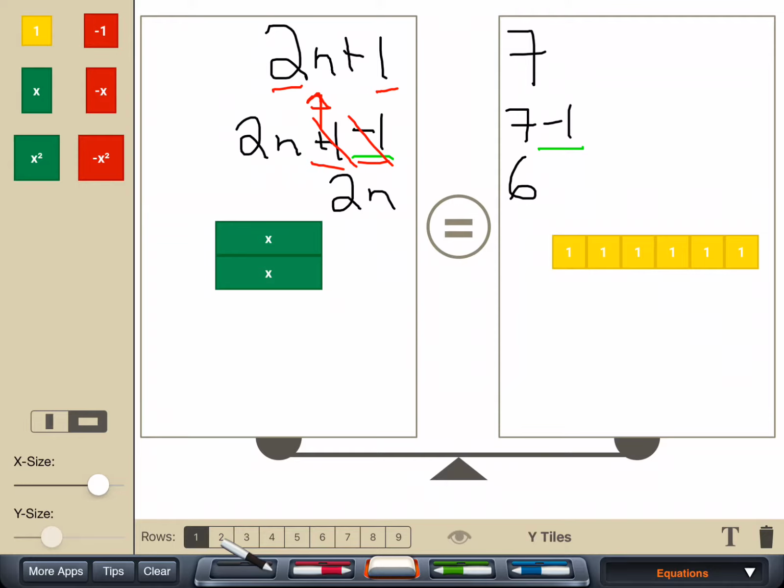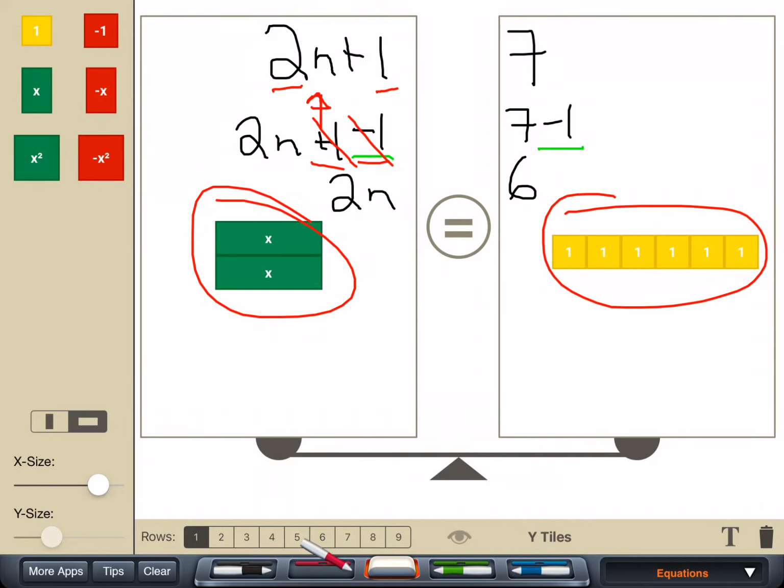So I could either take away the 1's, or what I could have done, because subtracting 1 or adding negative 1, I could have added negative 1 to each side, but it amounts to the same thing because the addition of negative 1 produces 0 pairs, and the 0 pairs will disappear, so I will still be left with 2n over here and 6 over here.